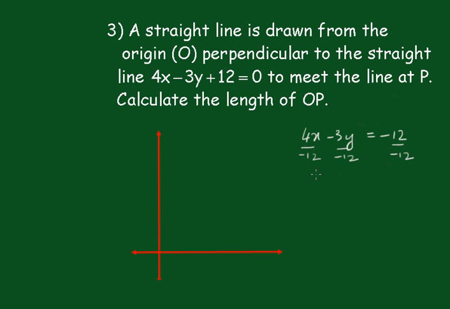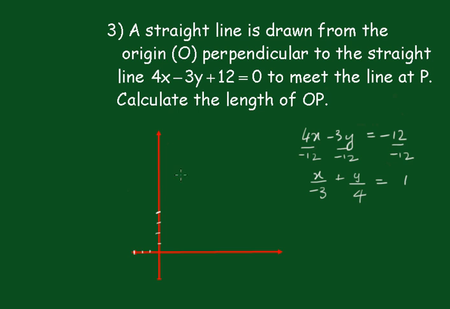And here I get x on negative 3, plus y on 4 is equal to 1. Okay, so the intercepts are minus 3 and 4. Minus 3 there, 1, 2, 3, 4 up here.